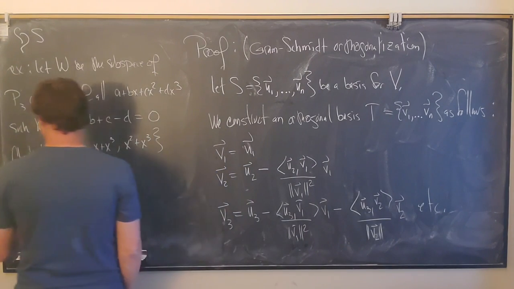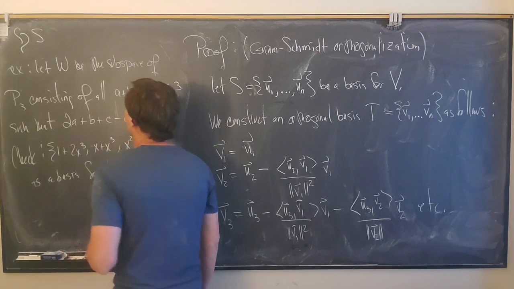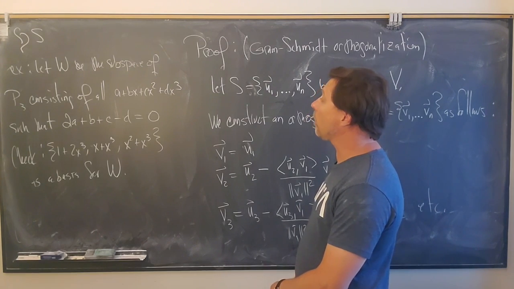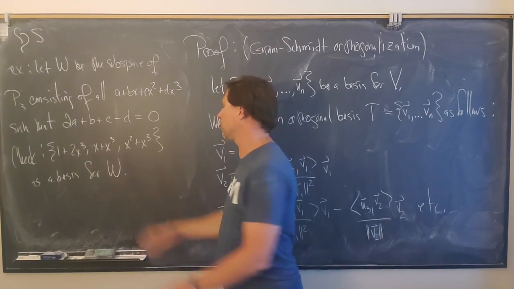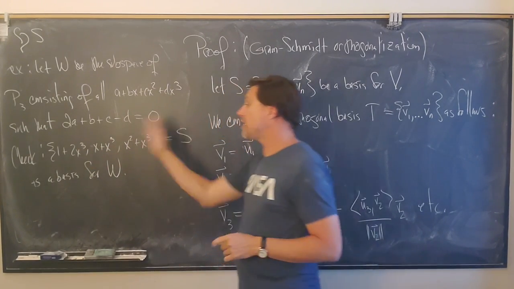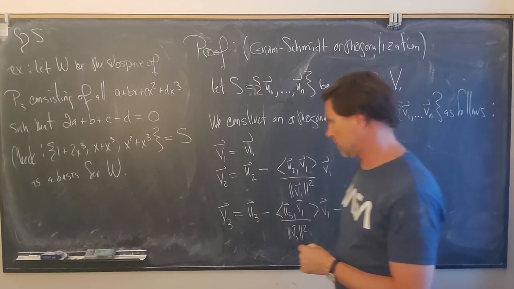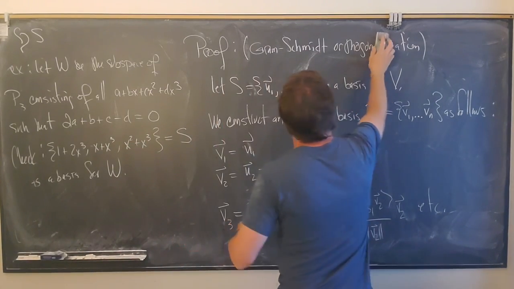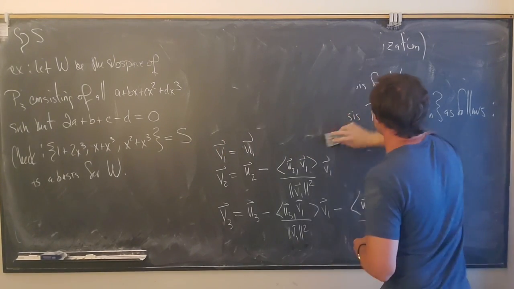You can check that this is a basis for W. What I want to do now is find an orthogonal basis for W. This basis that we have here, let's call this one S. This one's definitely not orthogonal, and we want to use Gram-Schmidt to concoct an orthogonal basis. So I'm going to work right above here, and I'll leave the formula to see who the pieces are as we go through this.